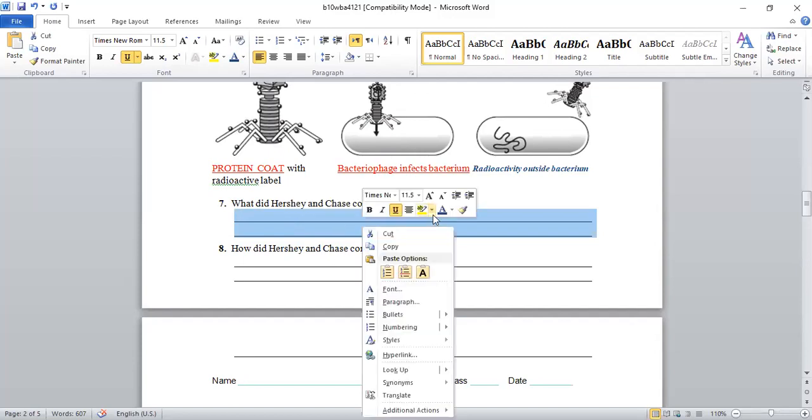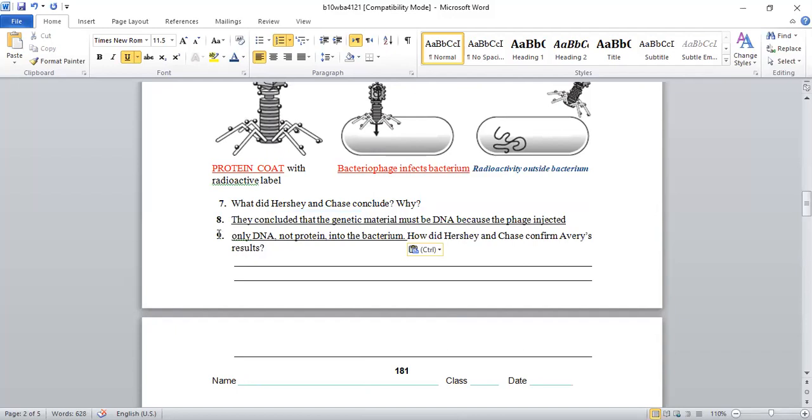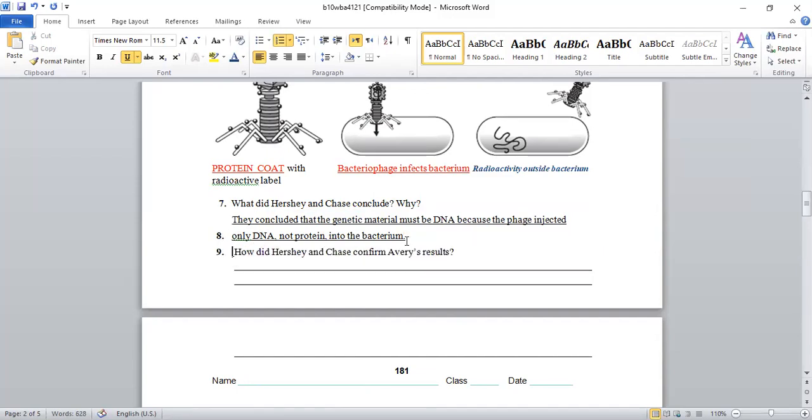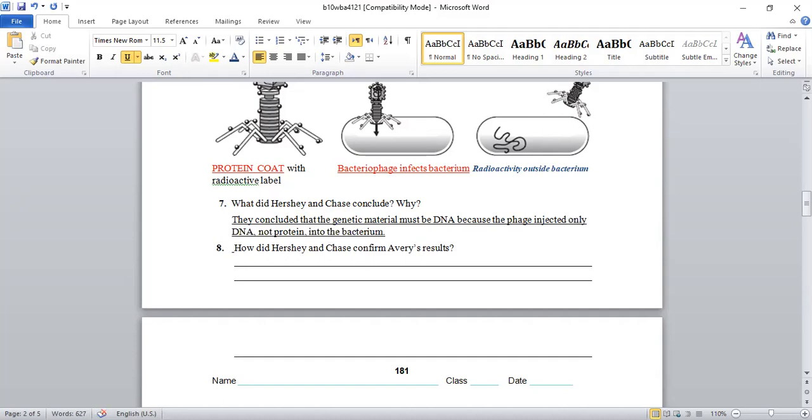Exactly. Thank you very much. So they concluded that the DNA must be the genetic material because the phage injected only the DNA, not the protein coat, inside the bacteria.